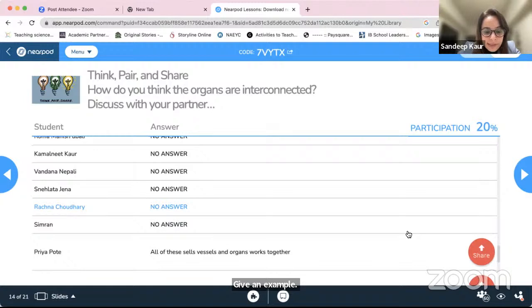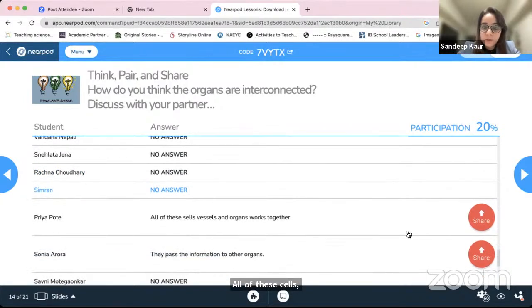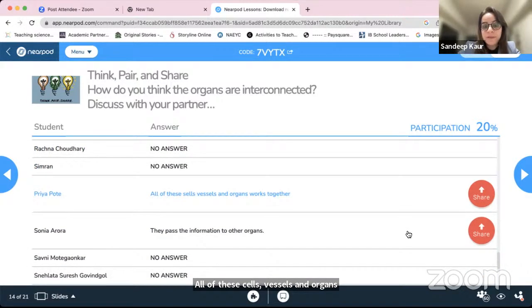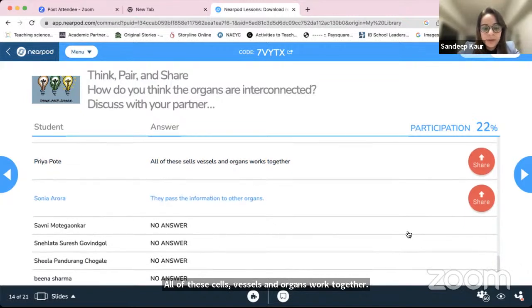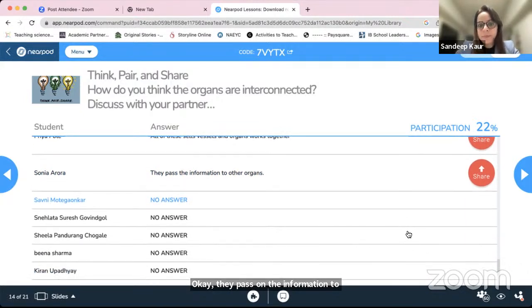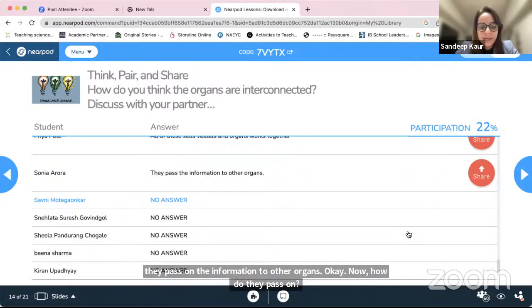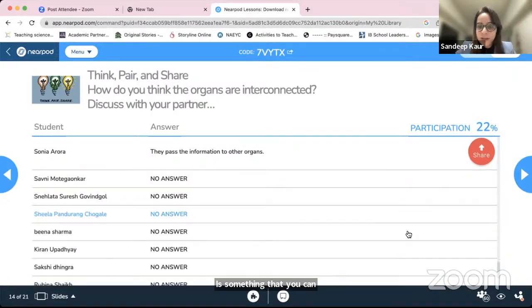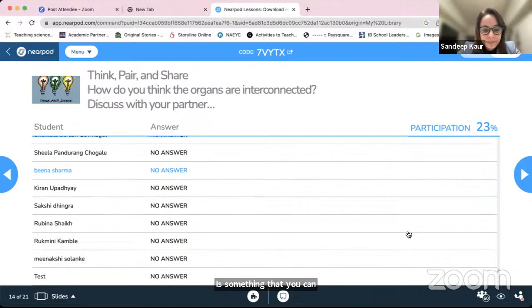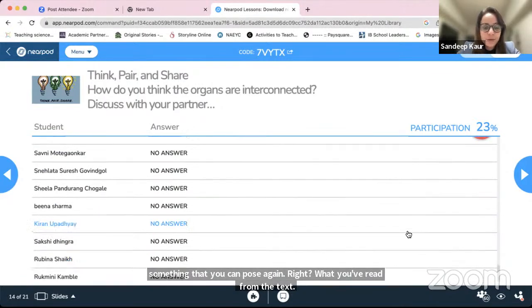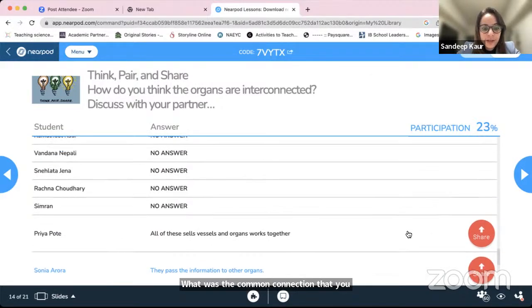All of these cells, vessels, and organs work together. Okay, they pass on the information to other organs. Now how do they pass on is something that you can pose again, right? What you've read from the text. What was the common connection that you saw when we were reading the text together?